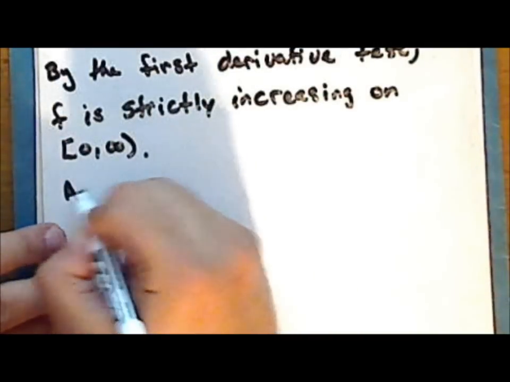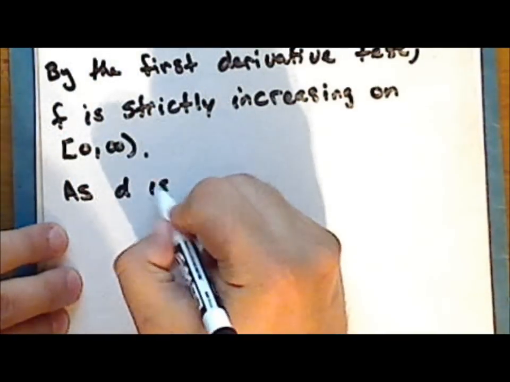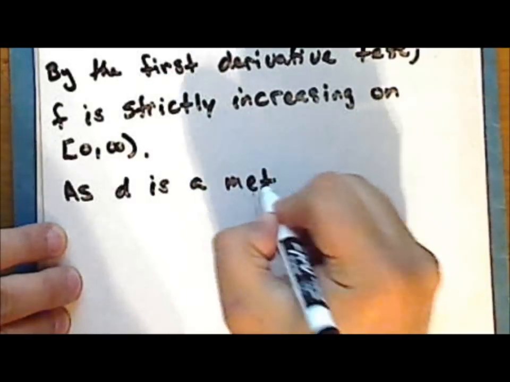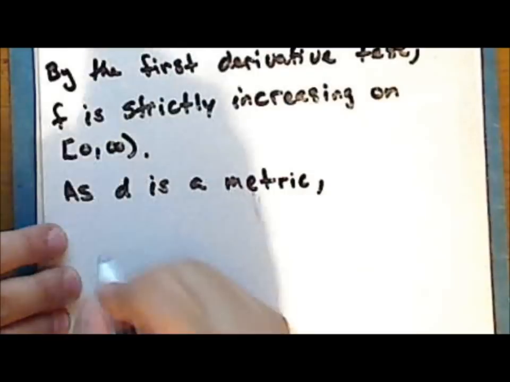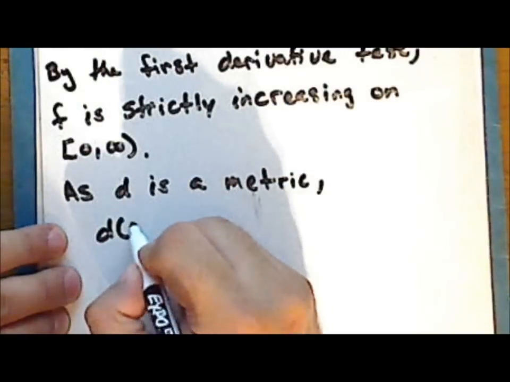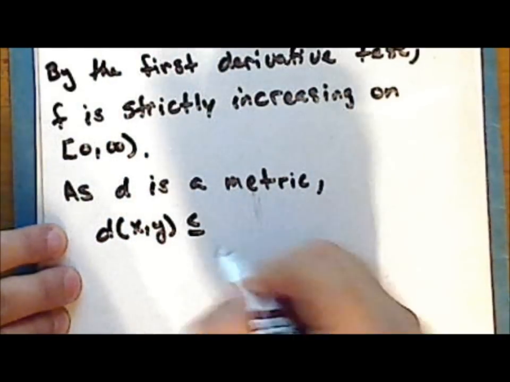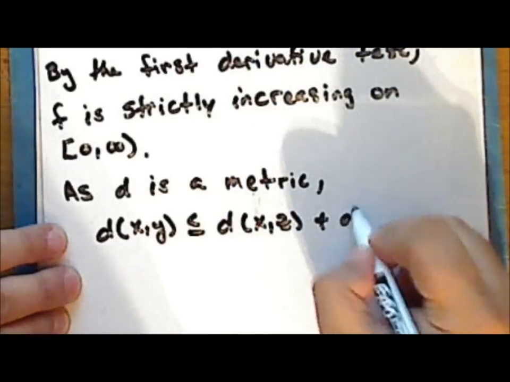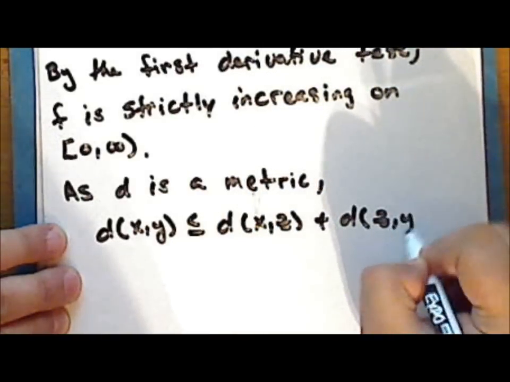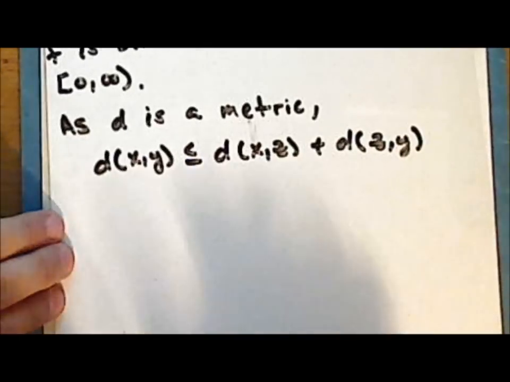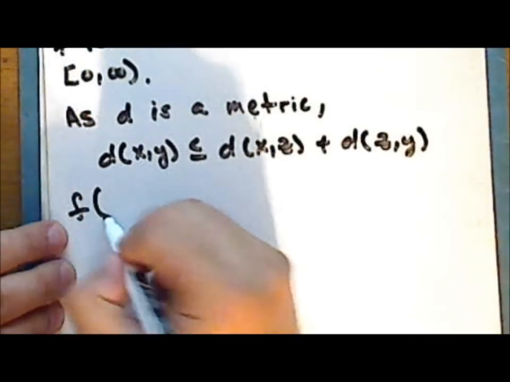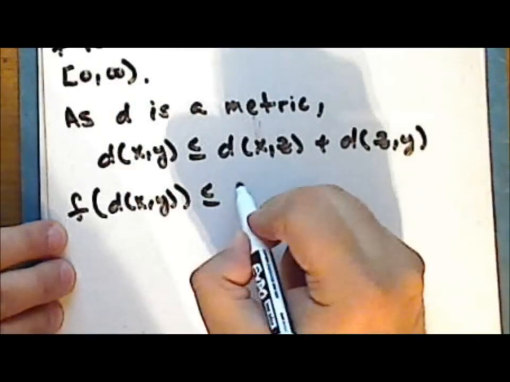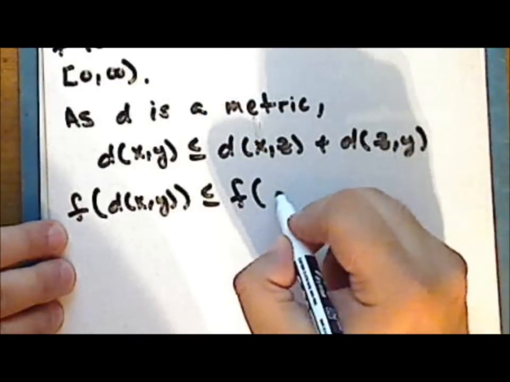Now, as d is a metric, it satisfies the triangle inequality, that is, d of xy is less than or equal to the sum of the distance from x to z and the distance from z to y. And so we have f of d of xy is less than or equal to f of the sum.